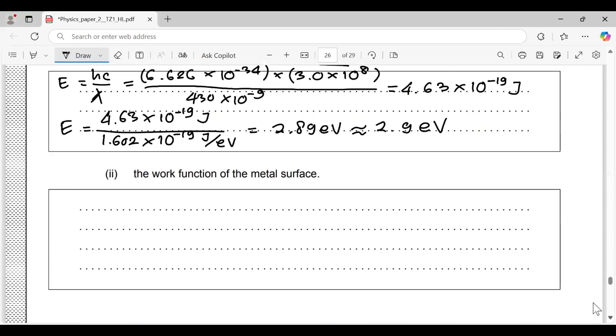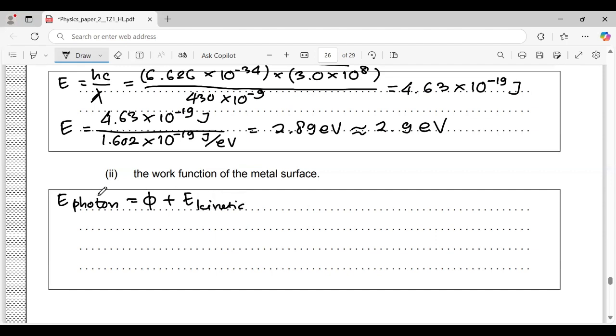This one, the work function of the metal surface. To solve this question, I would like to use the photoelectric effect theory. The photoelectric effect theory is described by an equation: E photon equals phi plus E kinetic.